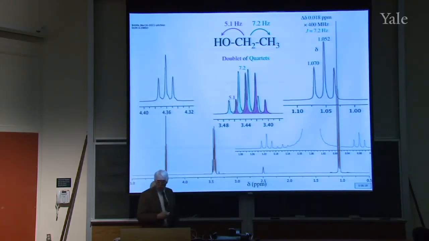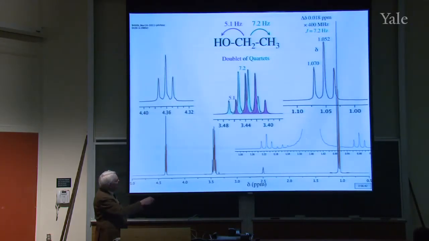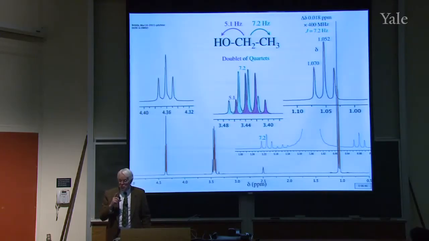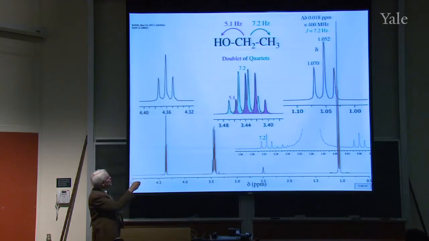So they both look like triplets, right? What's in the middle of them is a triplet, and there's a 7.2 hertz splitting, which is exactly what you had here, right? So it looks like it's being split by the CH2 next door. That's this splitting here. We're looking at something that has to do with this CH3.